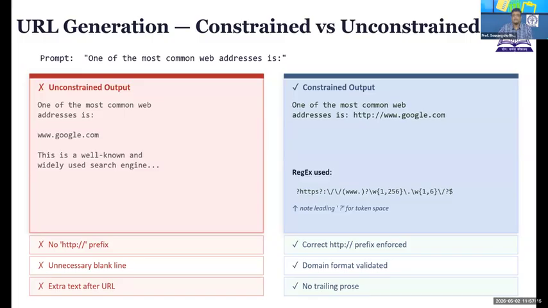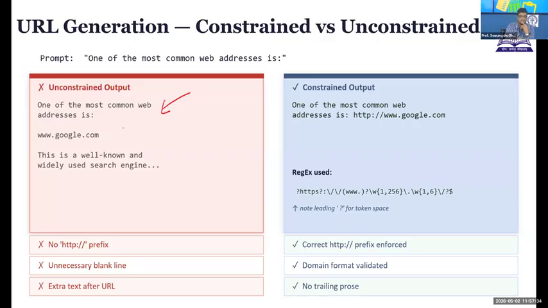If you use it, for example, you send an LLM a query like, one of the most common web addresses is. That is the query, and then you want it to generate.